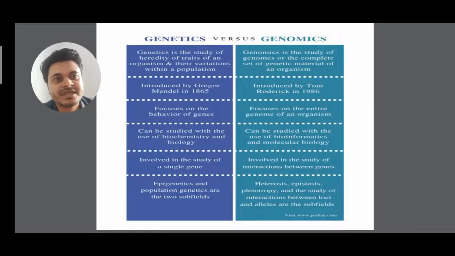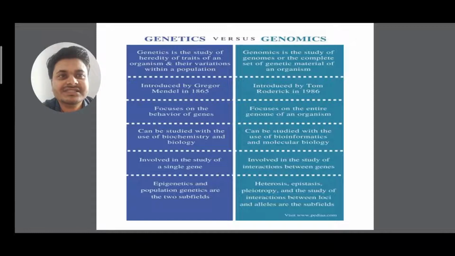Next, genetics can be studied with the use of biochemistry and biology, whereas genomics is studied with the use of bioinformatics and molecular biology.